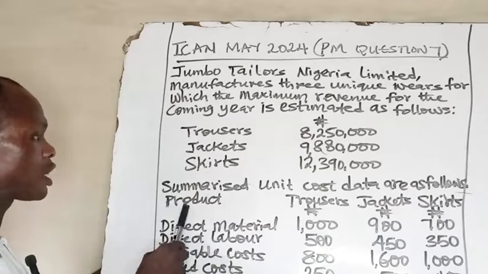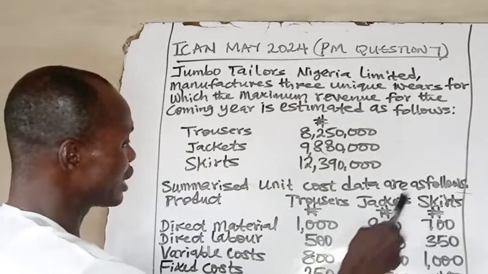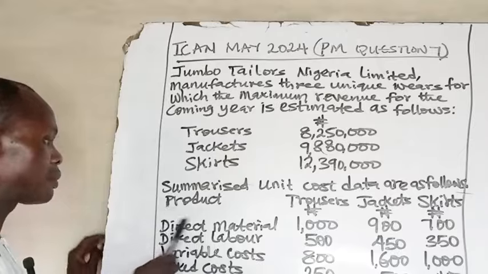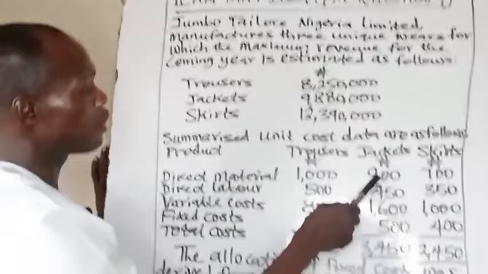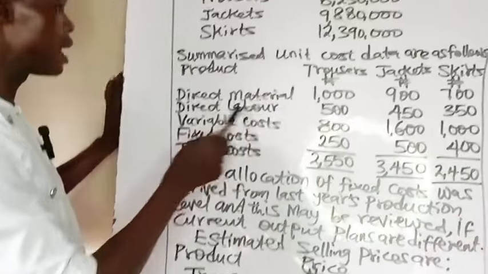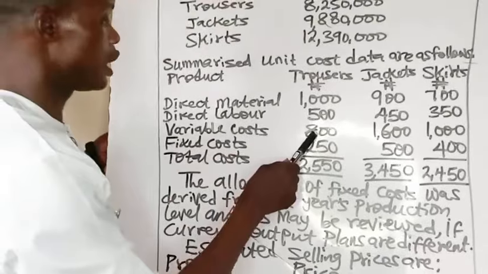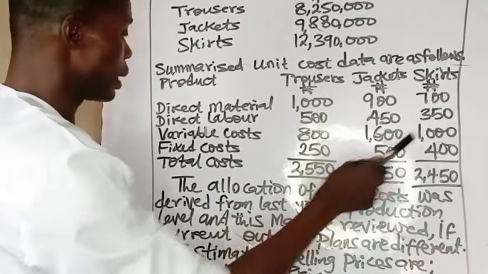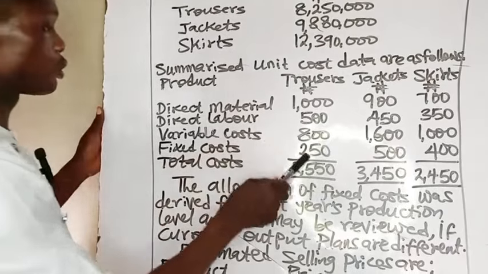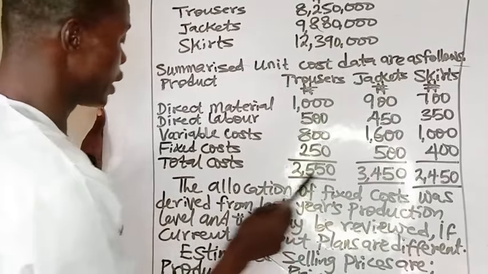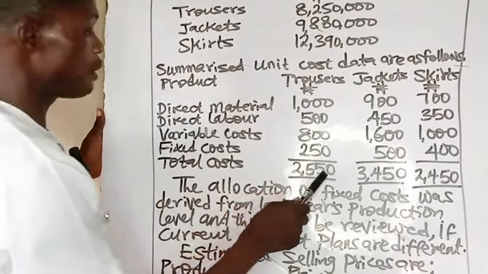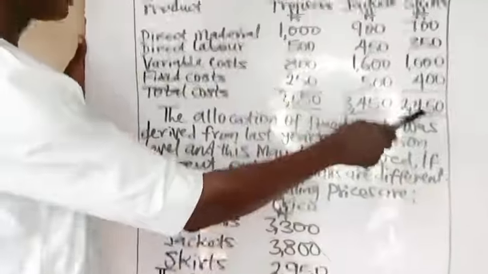We have the products: trousers, jackets, and skirts. Direct materials, 1,900 and 700. Direct labor, 500, 450, 350. Variable cost, 800, 1,600, and 1,000. Fixed cost, 250, 500, 400. Total cost, 2,550, 3,450, 2,450.